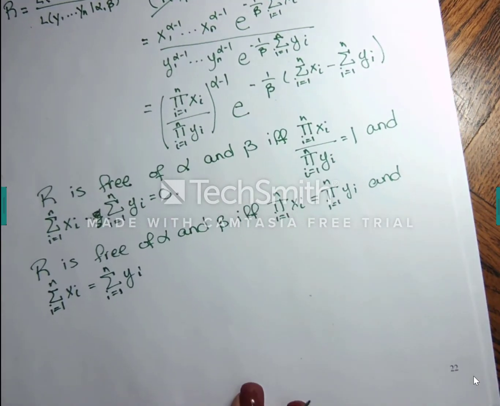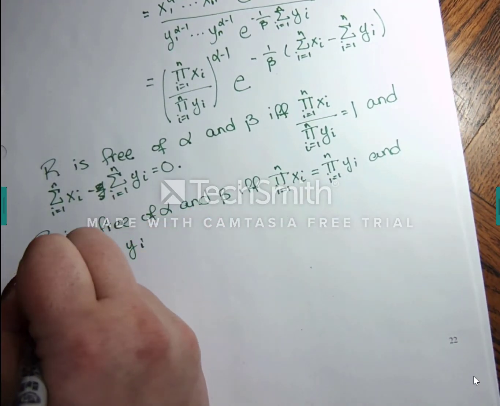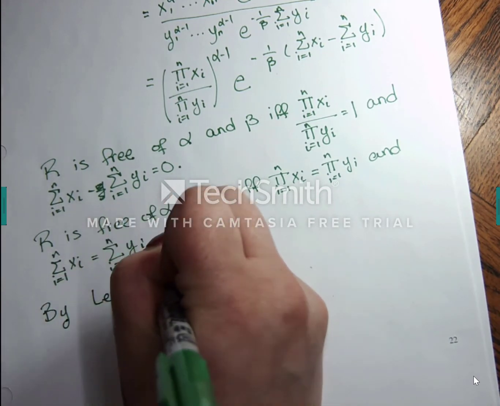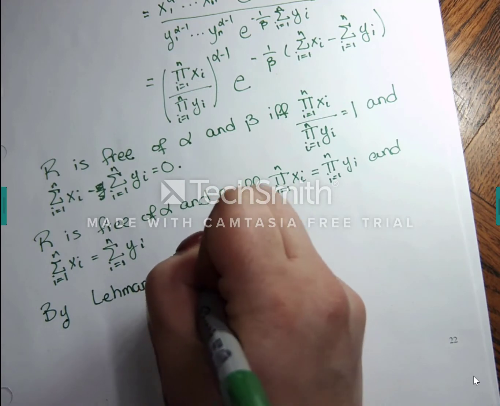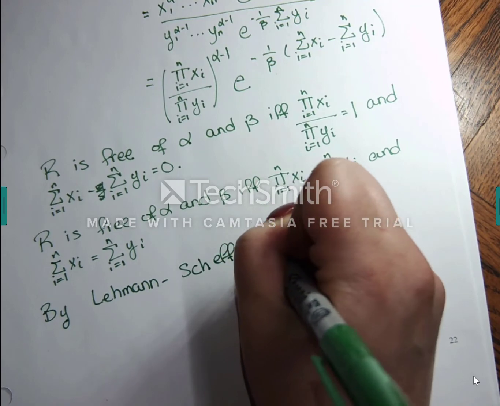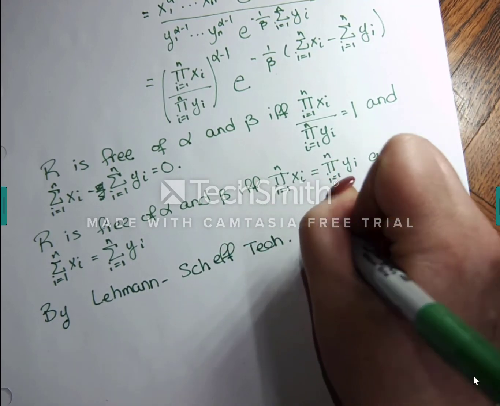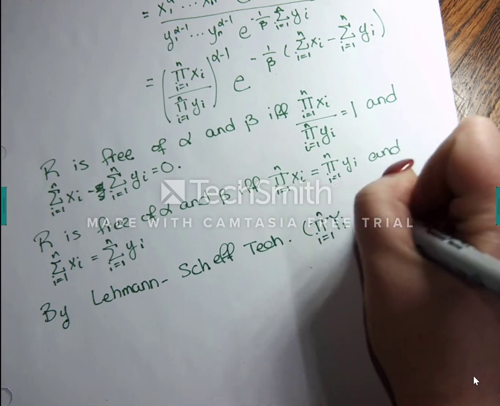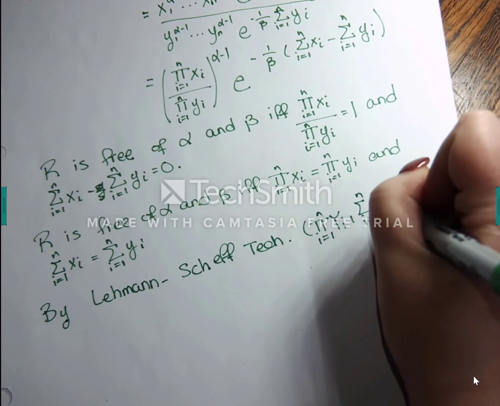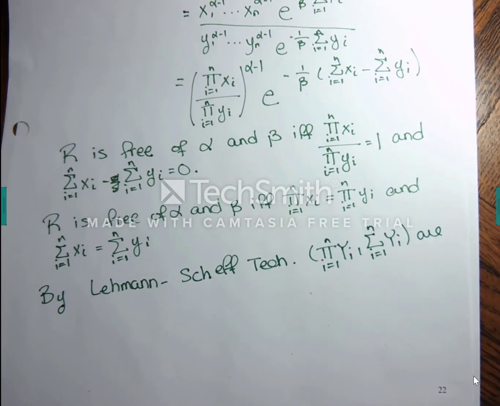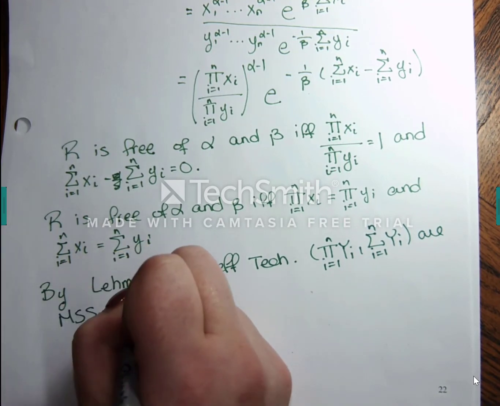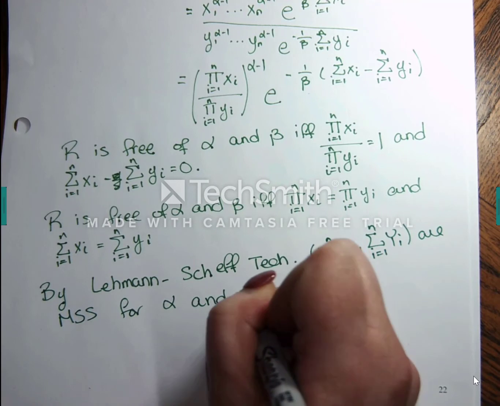Alright, so now we can apply the Lehmann-Scheffé theorem. So by the Lehmann-Scheffé technique, I should say, the product i equals 1 to n yi and the sum i equals 1 to n yi are MSS for alpha and beta.